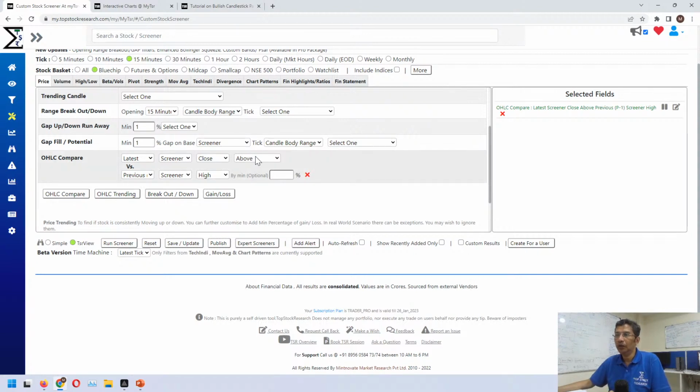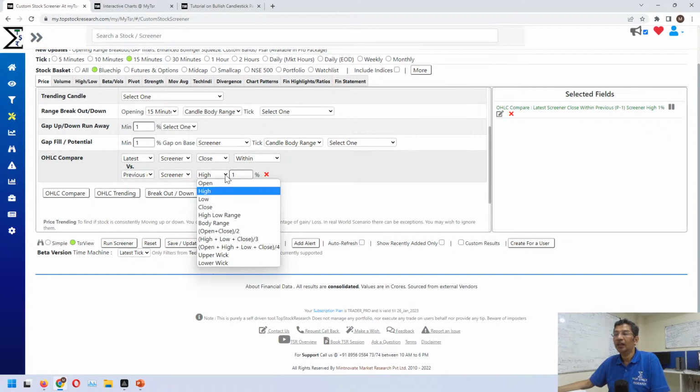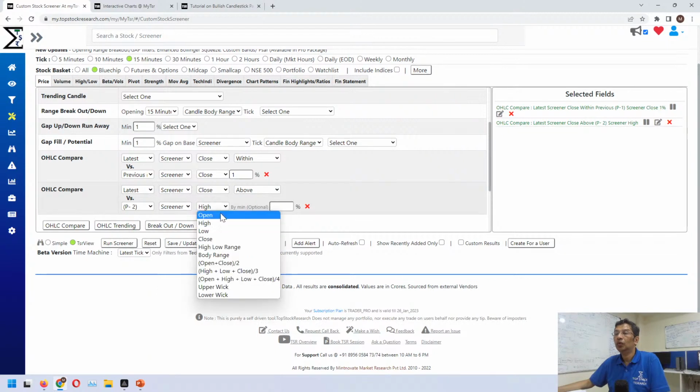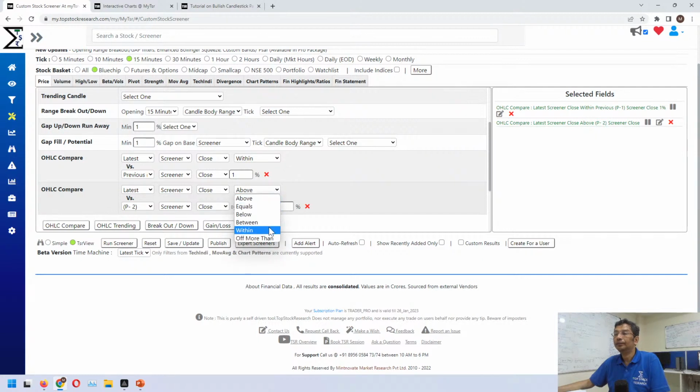Latest close is within 1% of previous day close. I'm just making it up for the sake of this example. And then latest close again is within 1% of the close two days ago. So what I'm trying to do is compare the closes within a range from the latest.